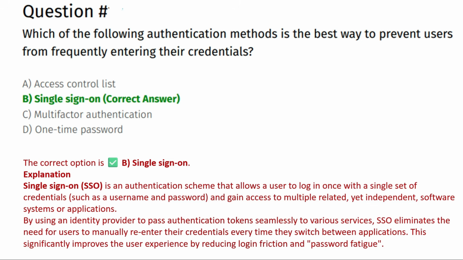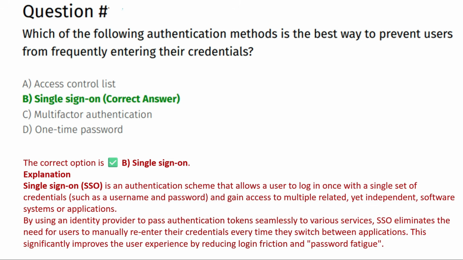Single sign-on, SSO, is an authentication scheme that allows a user to log in once with a single set of credentials, such as a username and password, and gain access to multiple related yet independent software systems or applications.